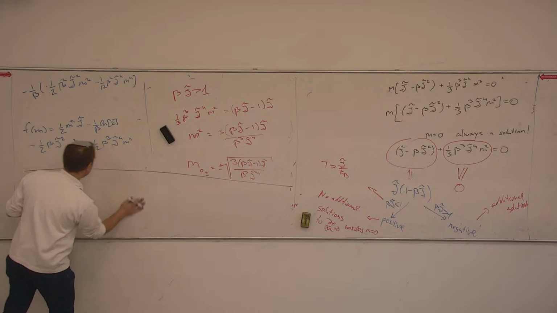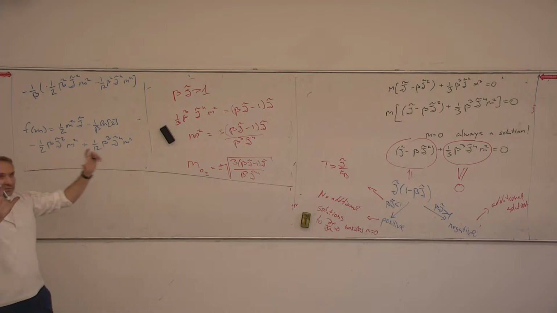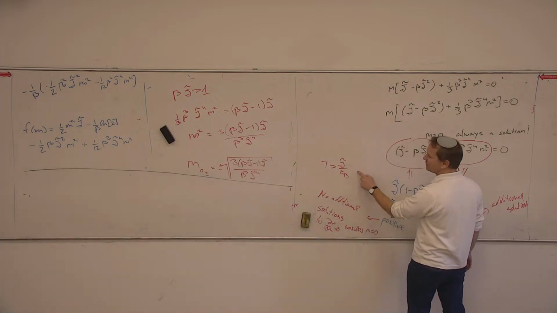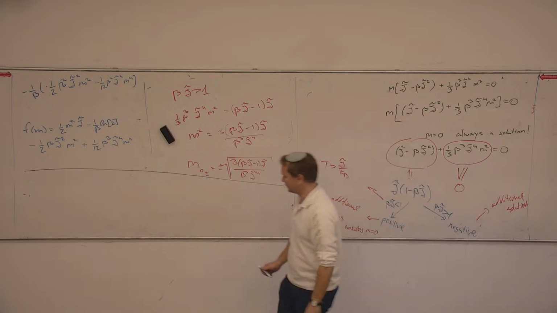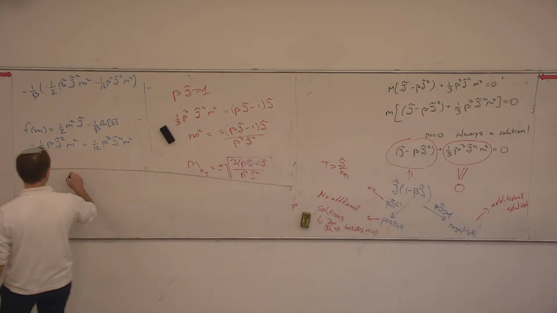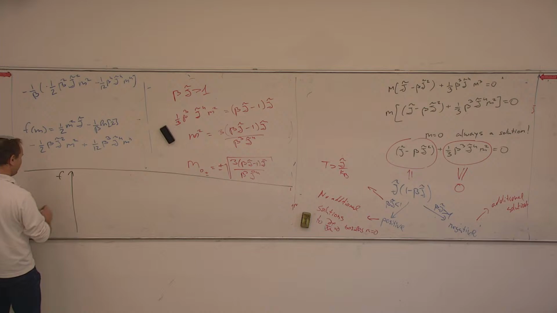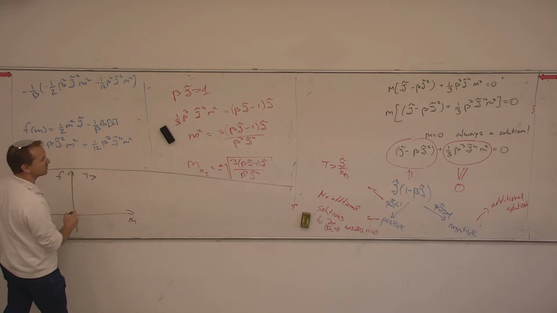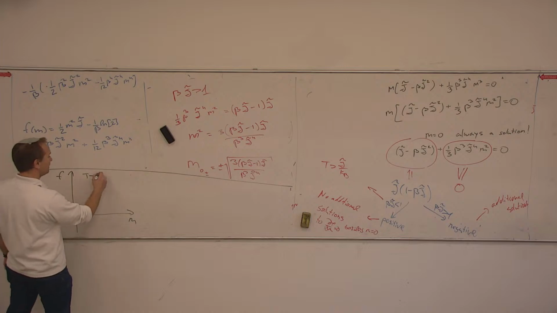So we have three regions. First of all, this region when T is larger than J tilde divided by k Boltzmann. So this is f, this is m, and we have T larger than J tilde divided by k Boltzmann.